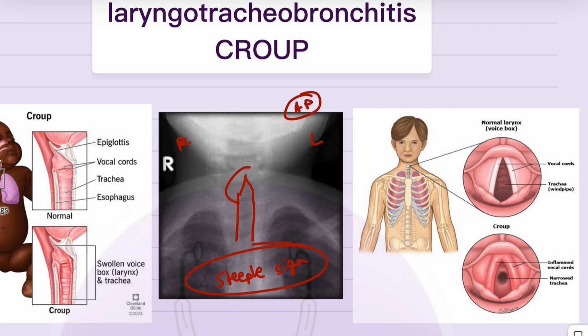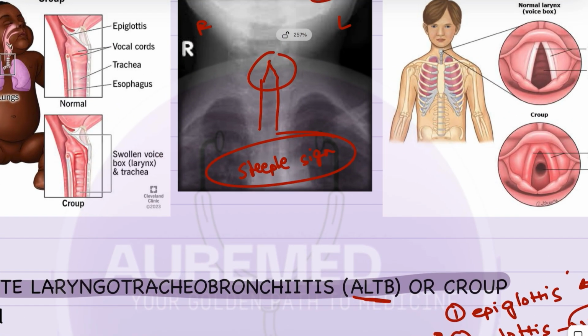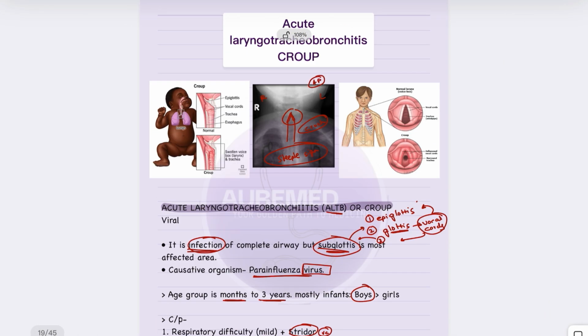Here remember that the steeple sign is present in croup. A steeple is basically a dome-like structure which is present above a church. So this pointed thing seen in the X-ray anterior posterior view is called the steeple sign.